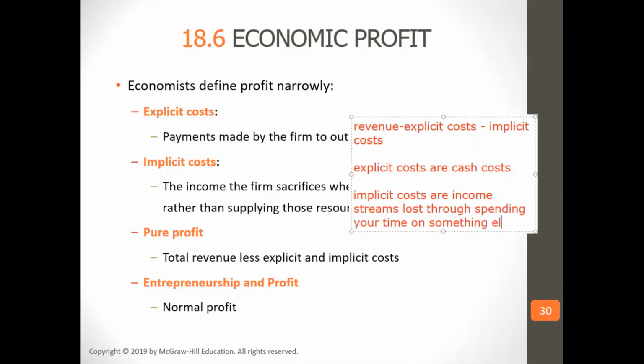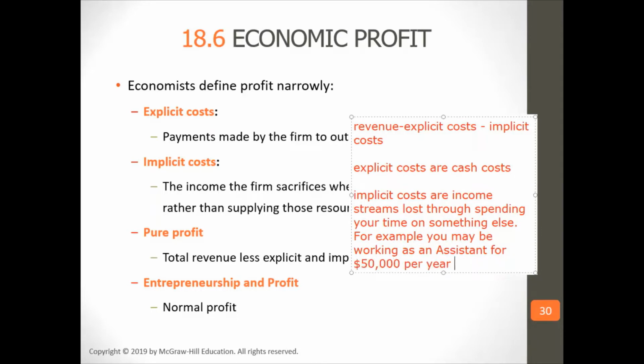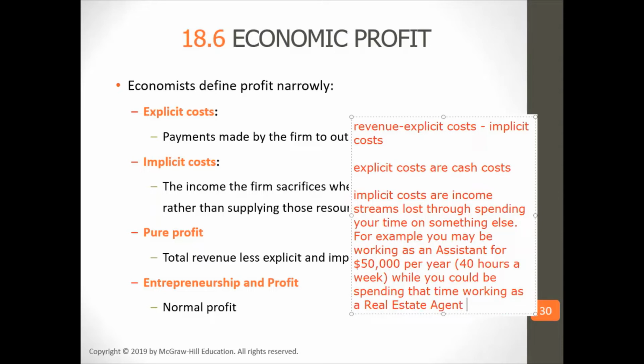For example, you may be working as an assistant for $50,000 a year, 40 hours a week, while you could be spending that time working as a real estate agent, making $500,000 per year, 40 hours a week, let's say.